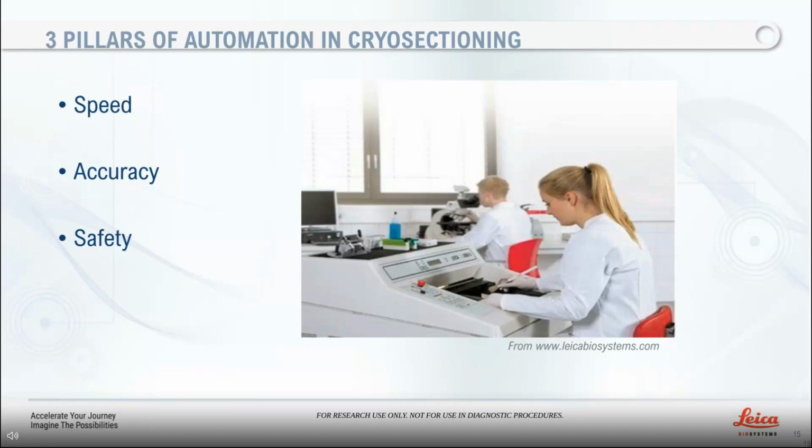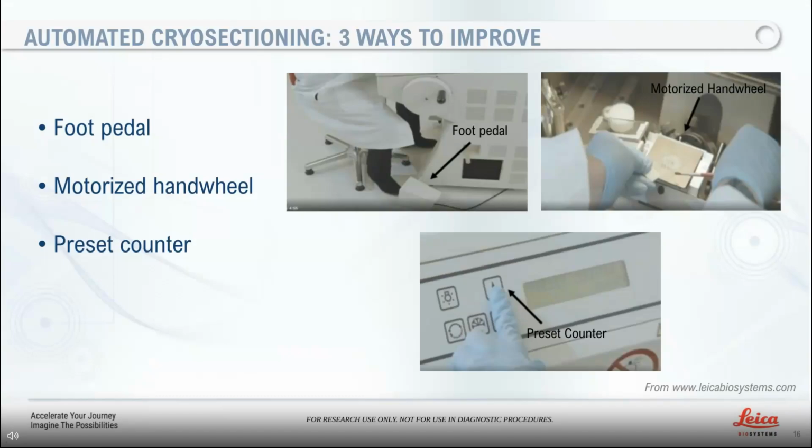But what key differences does an automated cryostat have compared to the manual instrument? Three of the main differences are a foot switch versus a wheel for sectioning, which has an automated wheel with turn velocity per rotation; a motorized handwheel versus a manual handwheel, which increases precision on blade movement.